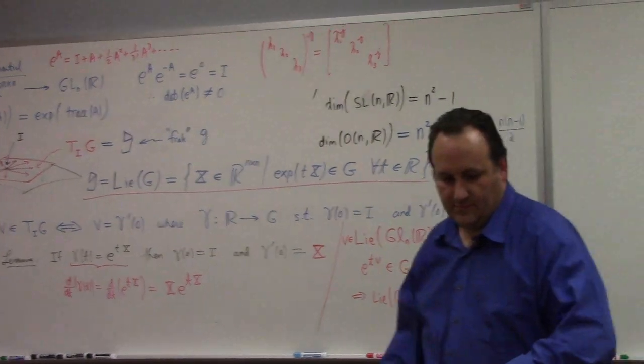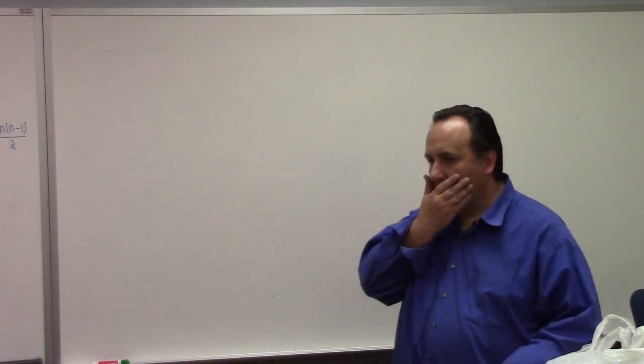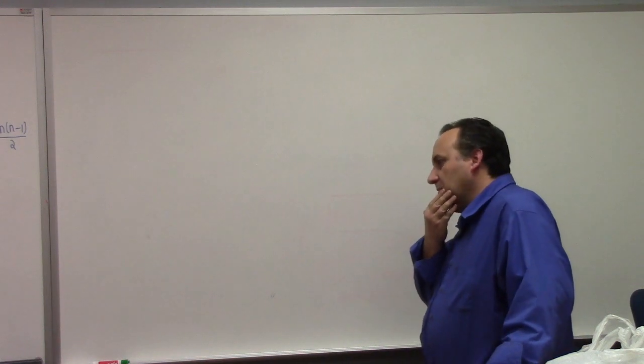I'm not sure off the top of my head if I'm able to derive it for you guys at the moment. I'm afraid to try. I feel like I might just waste a half hour of your time. So I'm thinking, how do we understand what the structure is for the Lie algebra from the Lie group?